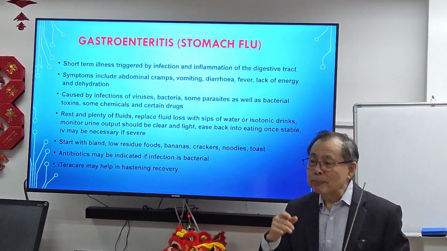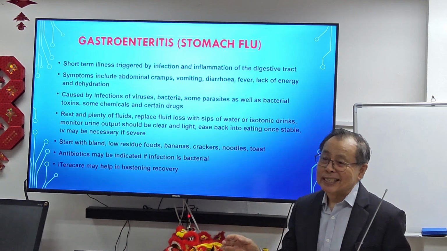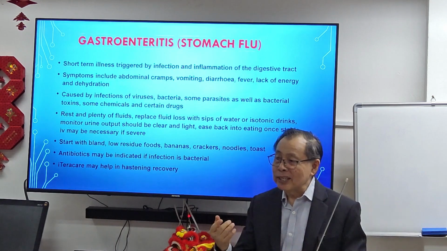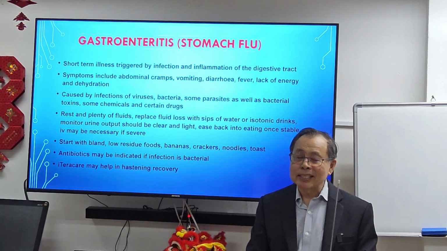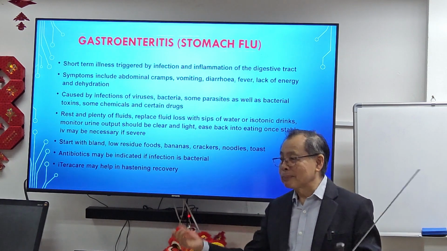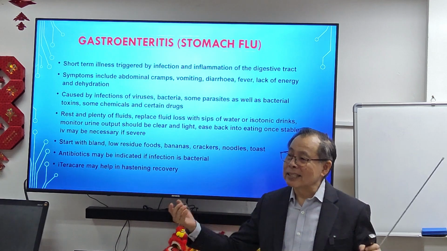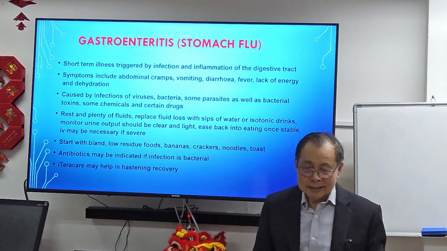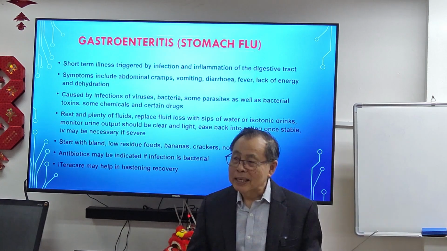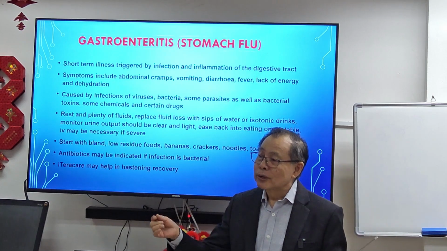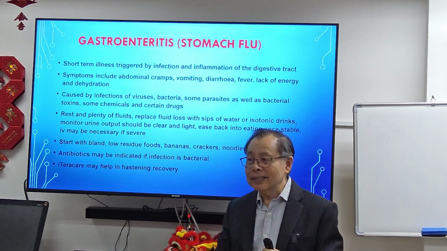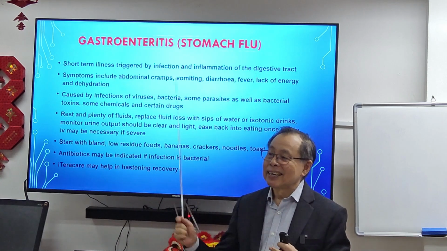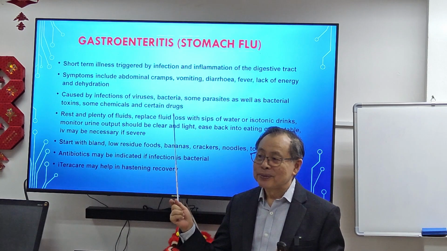E. coli in different parts of the world are different. So you're used to E. coli in this country, so you travel to another place outside this country, Vietnam, Thailand, India, and so forth. It is different. So when you get infected by the E. coli, you will provoke a gastric flu.